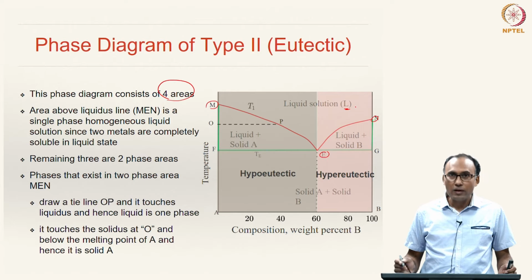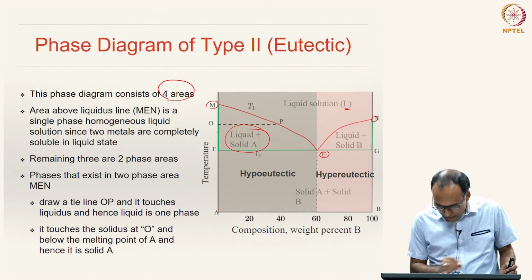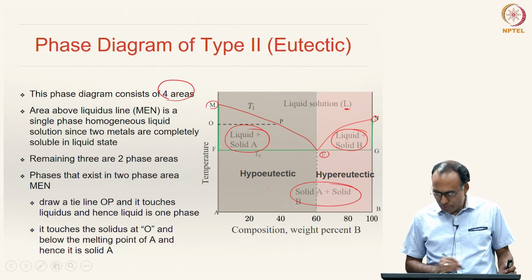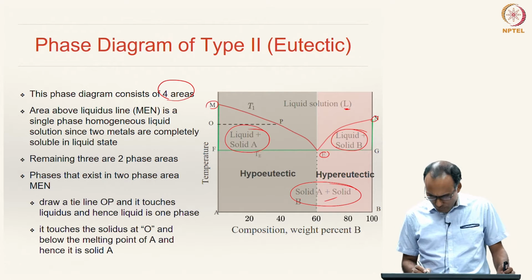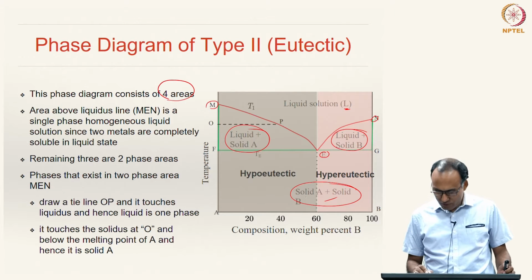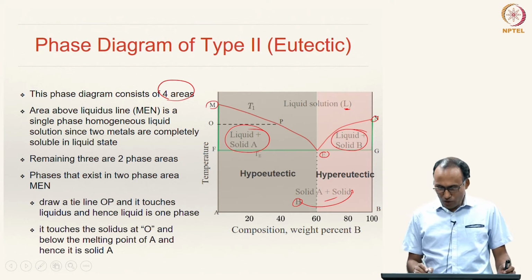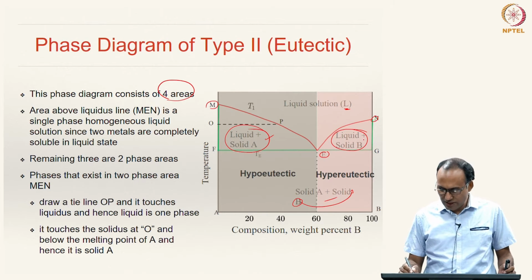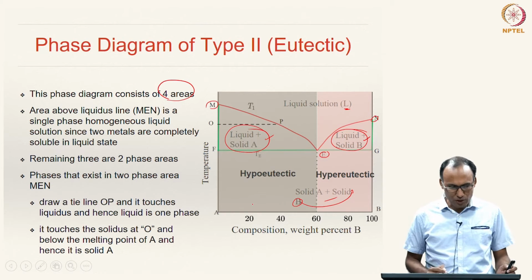The remaining 3 areas are 2 phase areas. Liquid plus solid A is one area, liquid plus solid B is another area, and solid A plus solid B is another area. This is a liquid plus solid A region, this region is liquid plus solid B, and here you have solid A plus solid B. All 3 are 2 phase regions.